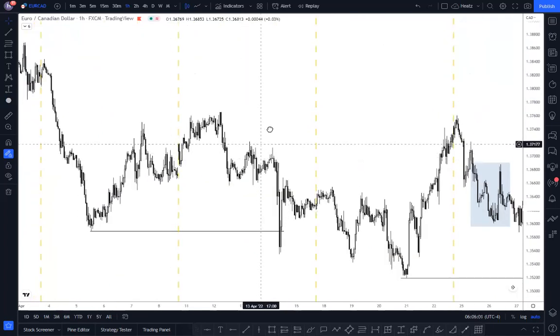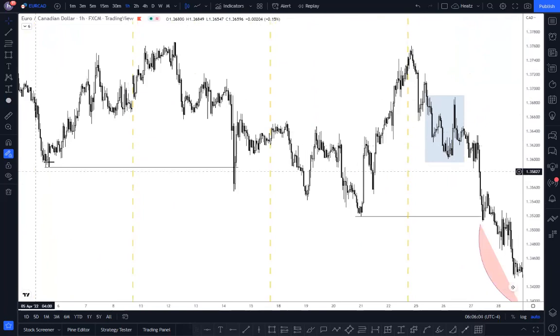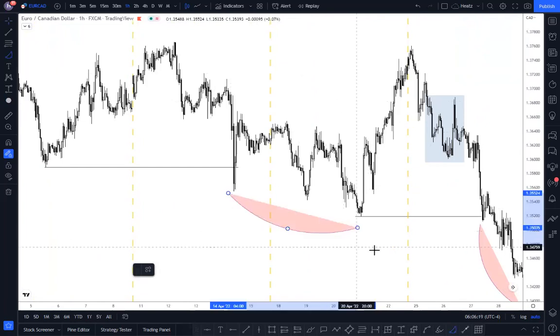Okay, so after price took out this particular low here, this was the external liquidity. Price started giving us the structures that were created here without a definite pullback into the range. So these structures created here are the range structure.